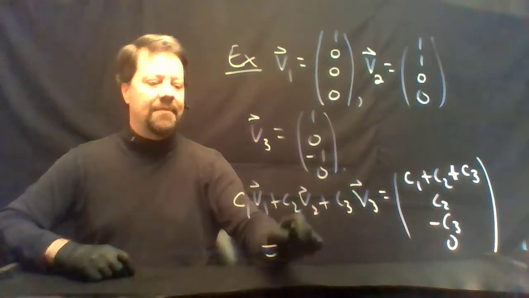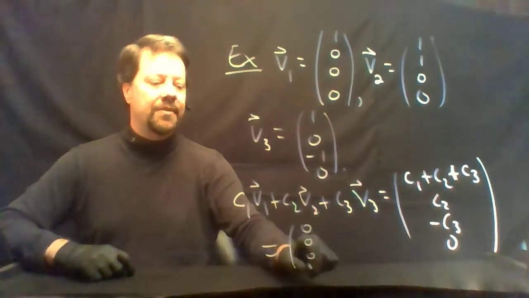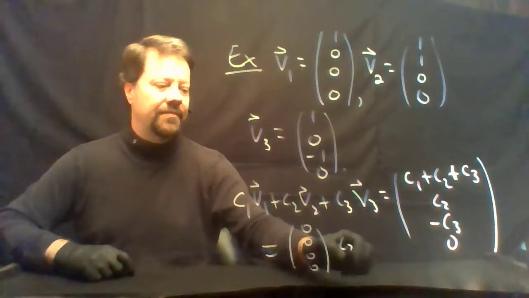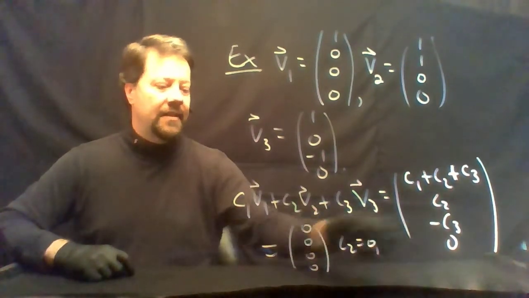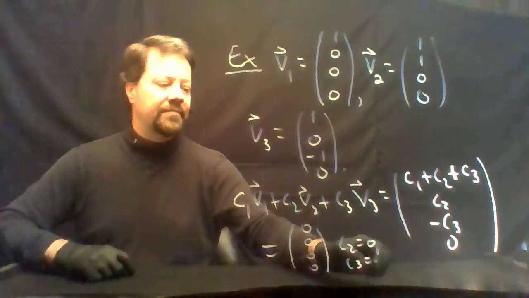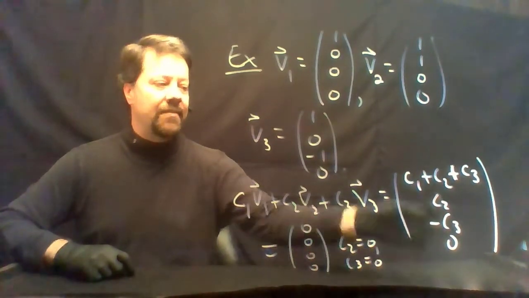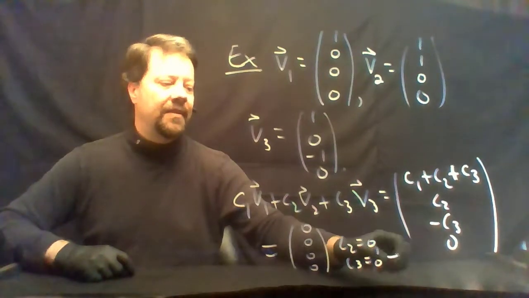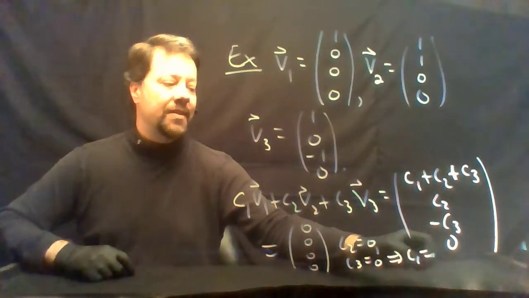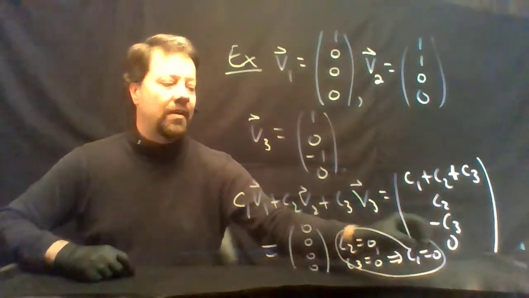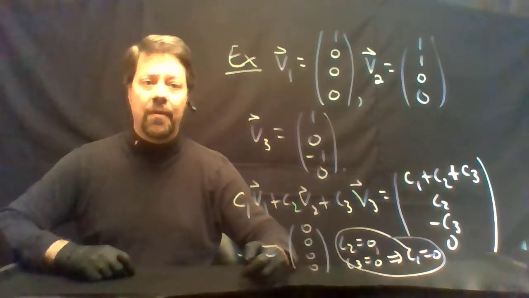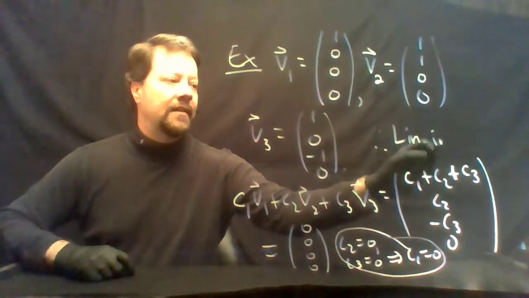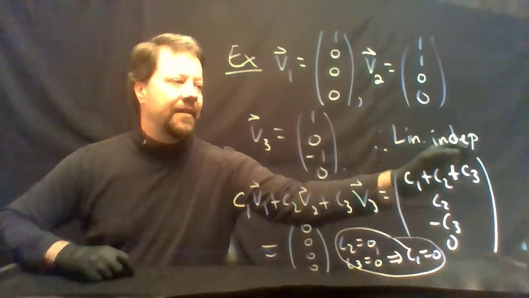If this adds up to (0, 0, 0, 0), that can only happen if c2 is 0, c3 is 0, and if both c2 and c3 are 0 and c1 plus c2 plus c3 is 0, that implies c1 is also 0, which means all of the coefficients are 0, and therefore these are linearly independent.